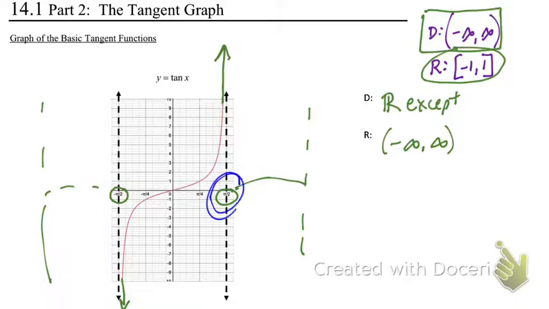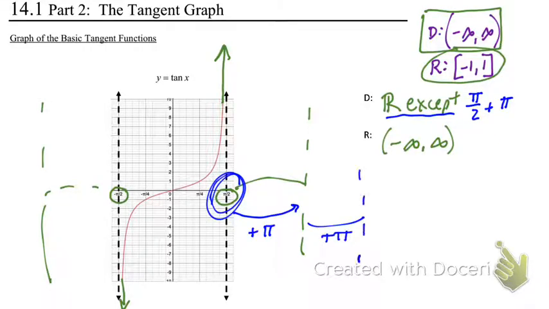You take this right-hand asymptote right here and you say all reals except that right-hand asymptote, pi/2. Then you say, well, where's the next asymptote going to be? Well, it's going to be 180 degrees down the line. Now we don't use 180, we use pi. So we added pi to get the next asymptote, and we could keep adding pi to get to another asymptote.